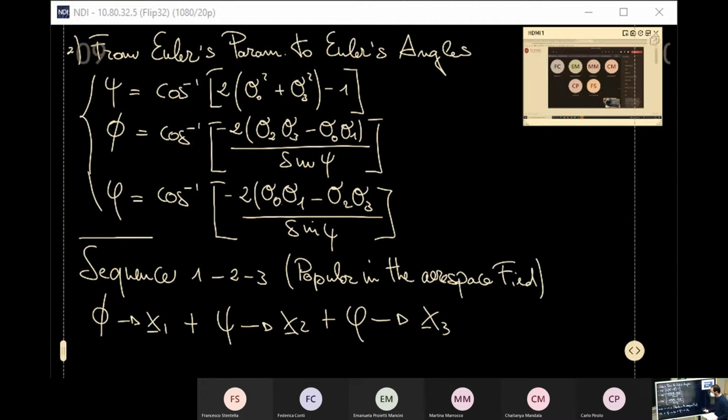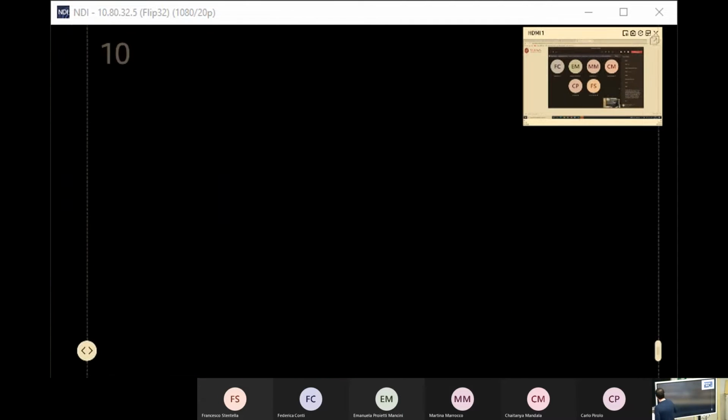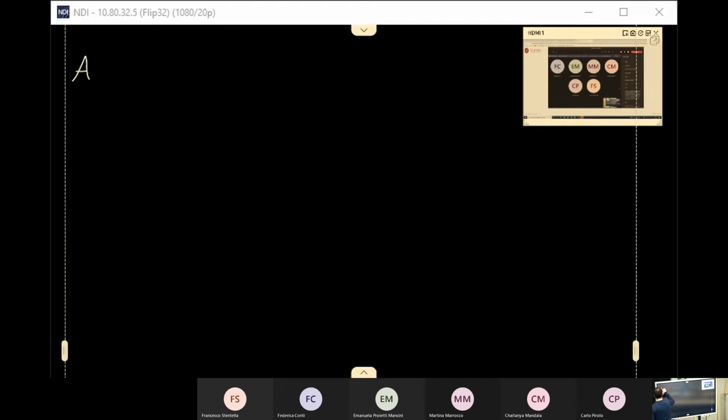Now, and that's the most tedious part of today's lecture, unfortunately, let me write the A matrix for the 1-2-3 sequence. Because if we do that, we will see that there is something very important to see. Okay.